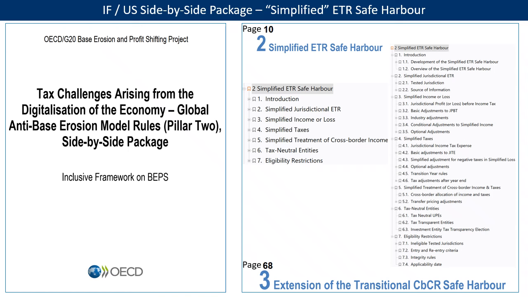You come to the simplified income or loss, and the big issue here is PBT, jurisdictional profit before tax. A whole new bunch of acronyms appearing on the scene. You can see that they talk about industry adjustments. When I saw that I thought, oh dear. But it turns out fortunately that those are the insurance companies and the shipping companies. So nothing new, but everything is still in the permanent safe harbor.